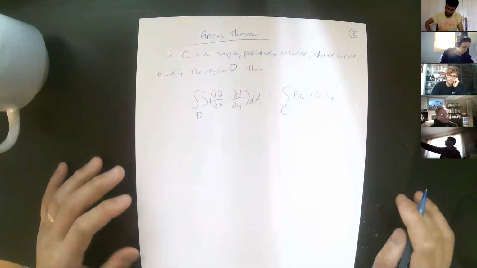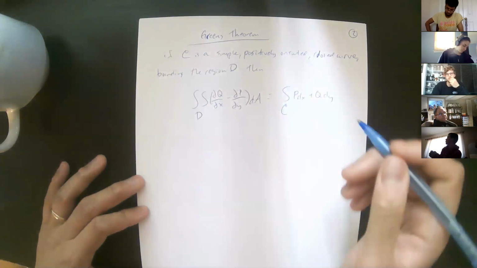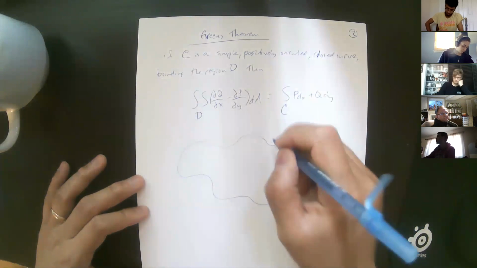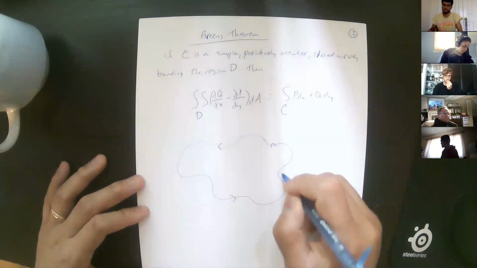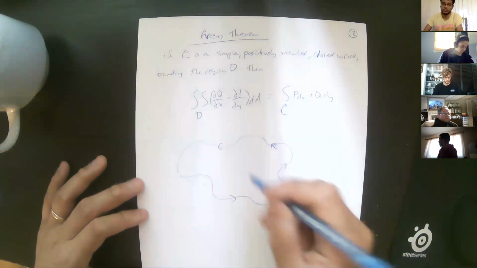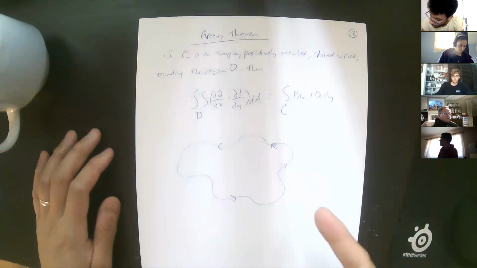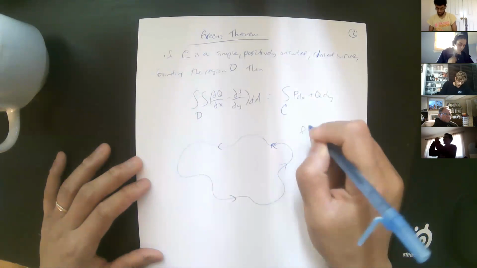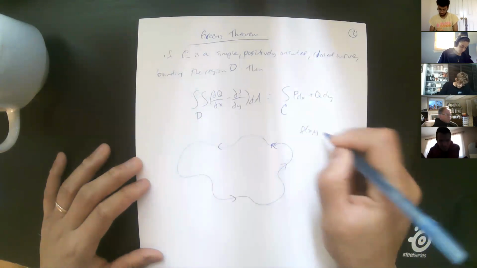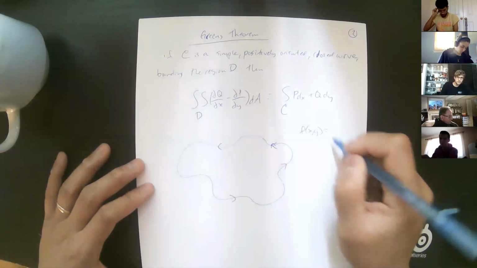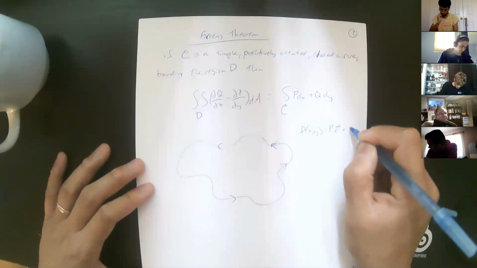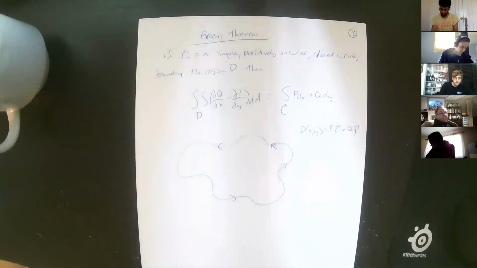So let's take a look at what this means. If I have this curve, this is C, it's positively oriented, it is simple, it is closed, and it's smooth, right? And I have a function on C, f of x, y, equal to Pi plus Qj. Right, we're setting this up just like we did before.